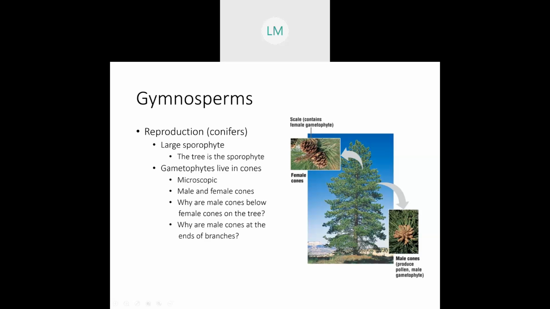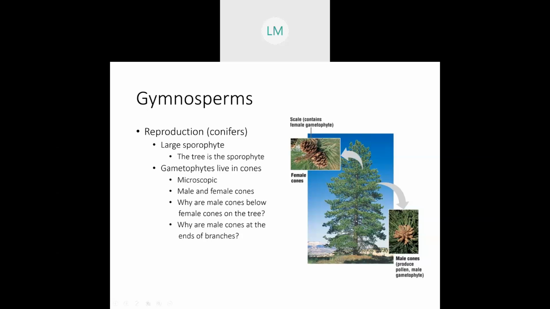And then we also see male cones at the ends of the branches. So if we think about why the male cones would be on the ends of the branches, that has to do with how they're pollinated, right? Gymnosperms are wind pollinated. They're relying on the wind to pick up the pollen and move it to a new location and hopefully meet up with another tree. So if the male cones are at the edges of these branches, that's going to allow the wind to more easily pick up the pollen and take it where it needs to go.